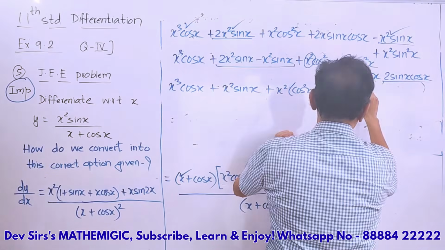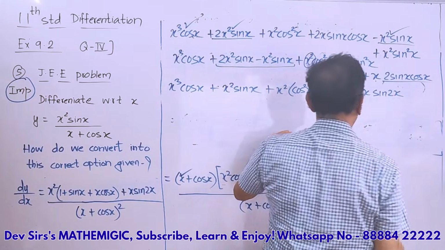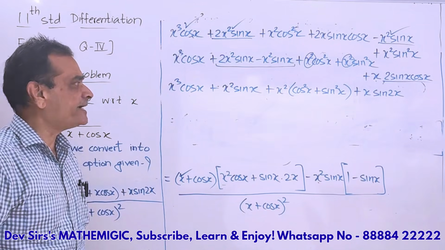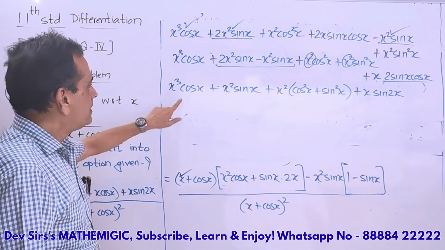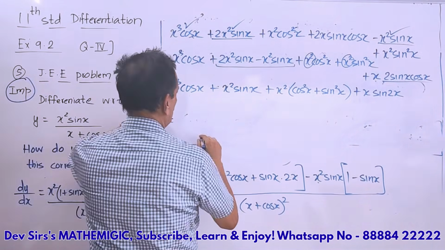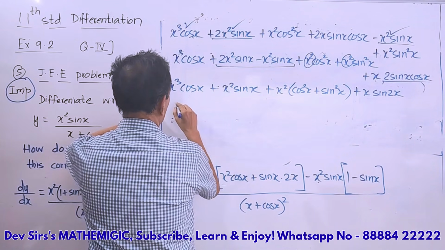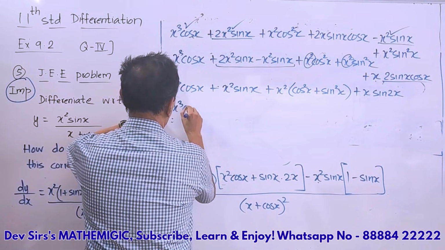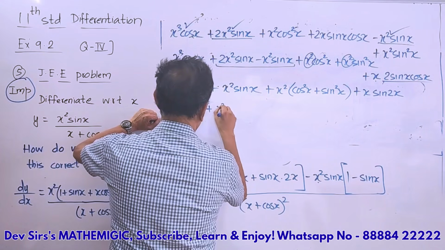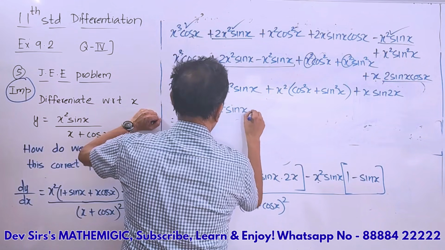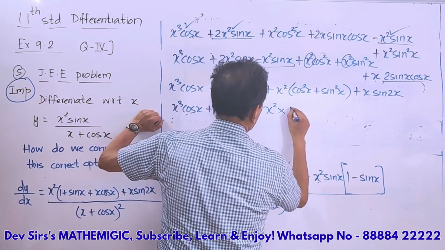And 2 sin x cos x is sin 2x. Almost there now. x cube cos x. Cos squared x plus sin squared x is 1.